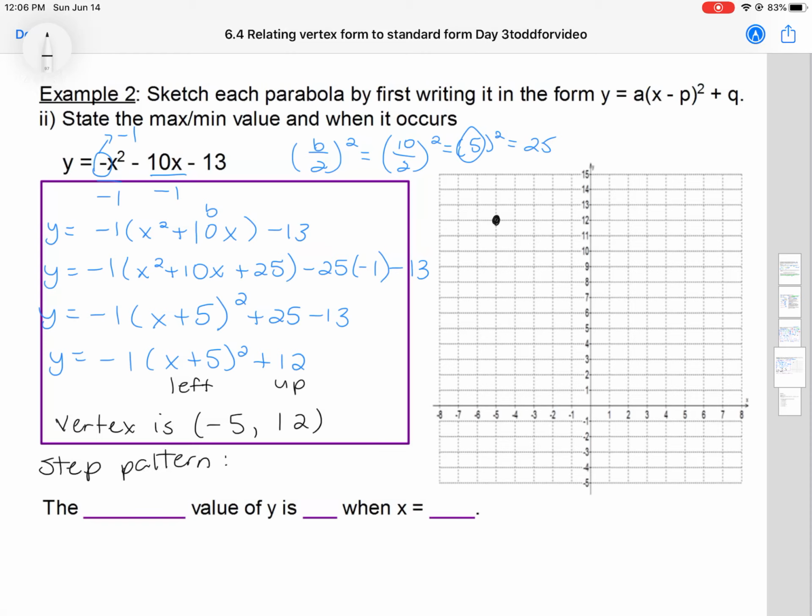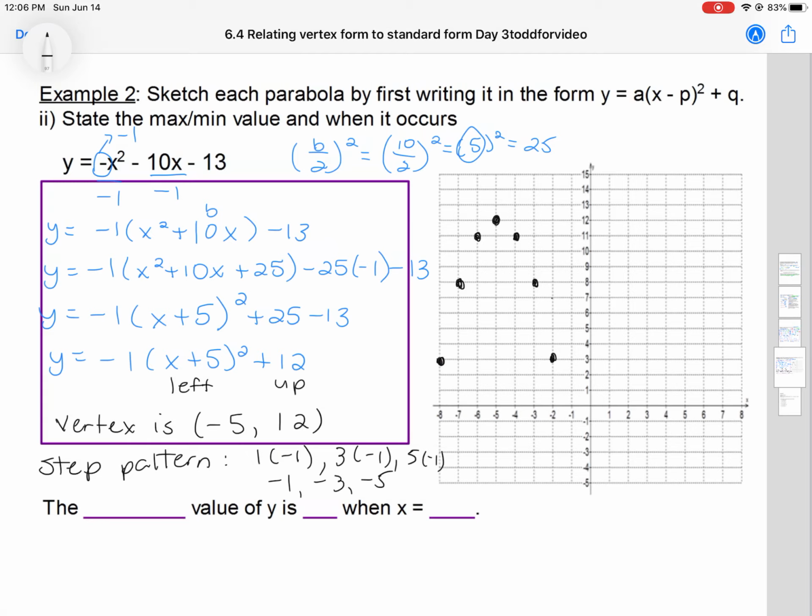we have the a value is -1. So that's where we get the down. Okay, so over 1, down 1, over 1, down 1, 2, 3, over 1, down 1, 2, 3, over 1, down 1, 2, 3, 4, 5, over 1, down 1, 2, 3, 4, 5.